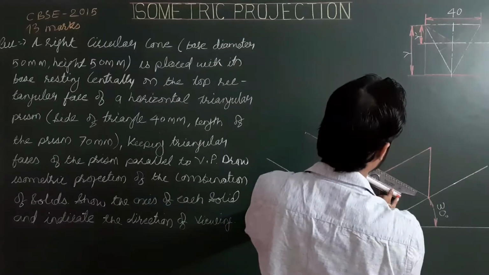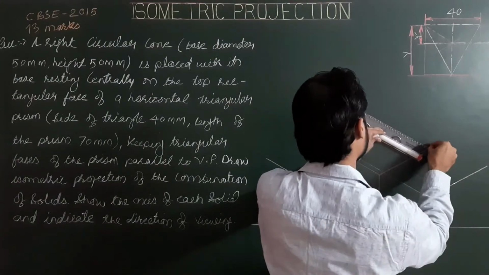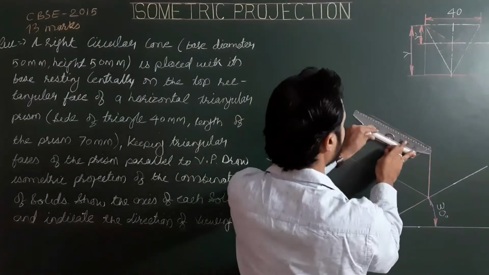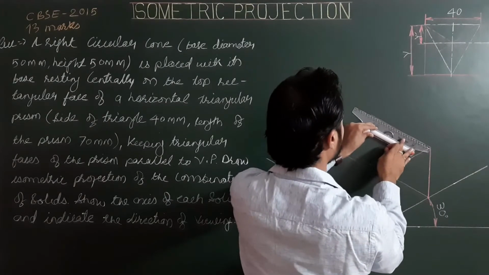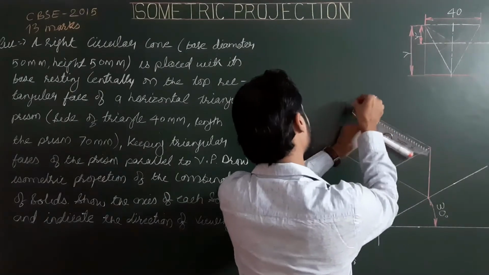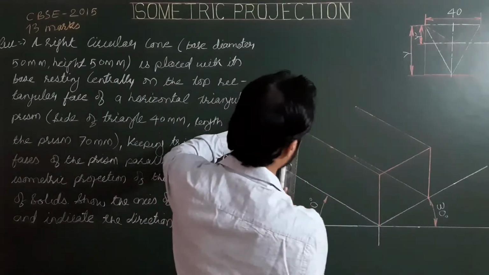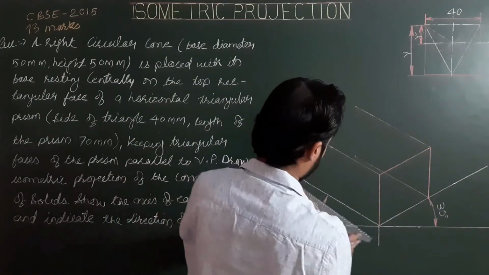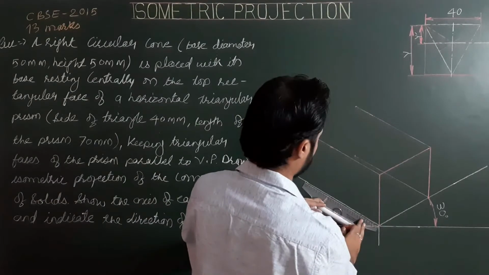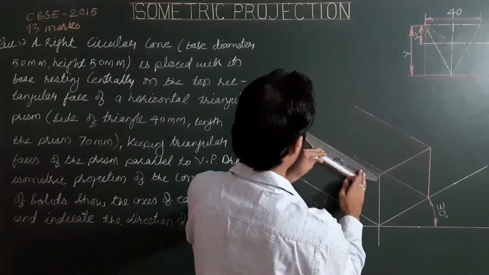And parallel to the second iso axis from the last corner, the length is equal to ISO 70. So these are four limits.